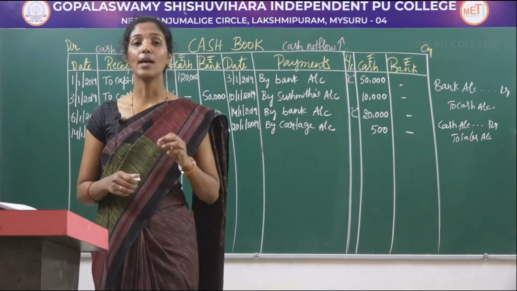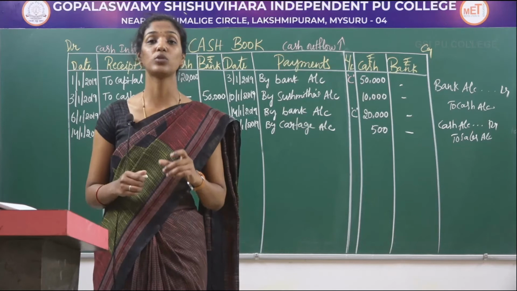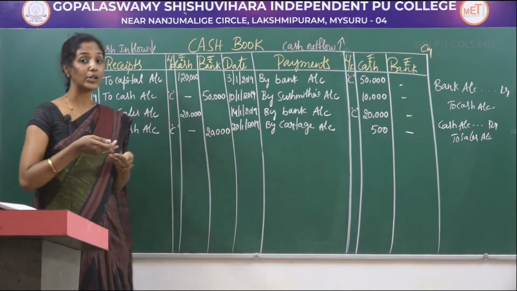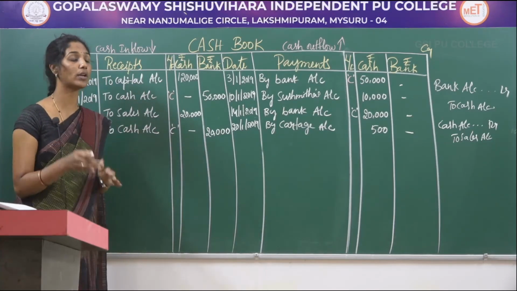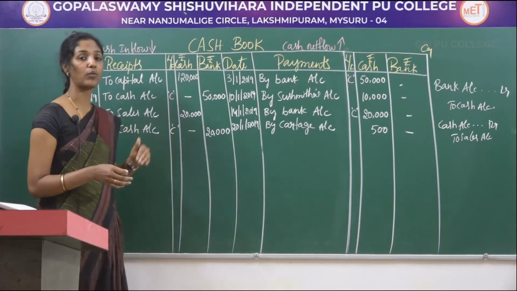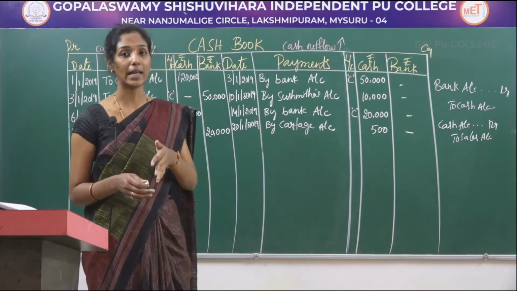The next is as on 22/1/2019 received cash from Rani rupees 12,000. Cash received, so cash comes into the business. When cash comes into the business, it must be recorded on the debit side of the cash book. So what is the journal entry for cash received from Rani? Cash account debited to Rani account.